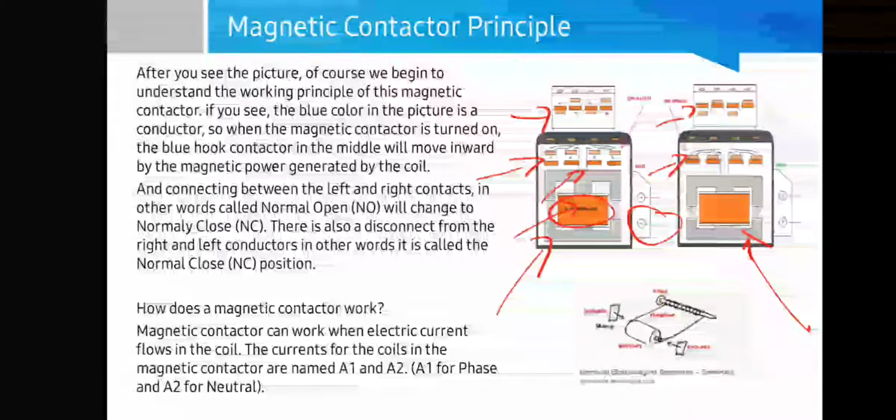How does a magnetic contactor work? A magnetic contactor works when electric current flows in the coil. The coil terminals in the magnetic contactor are named A1, this one, and A2, this one. A1 is for phase and A2 for neutral.